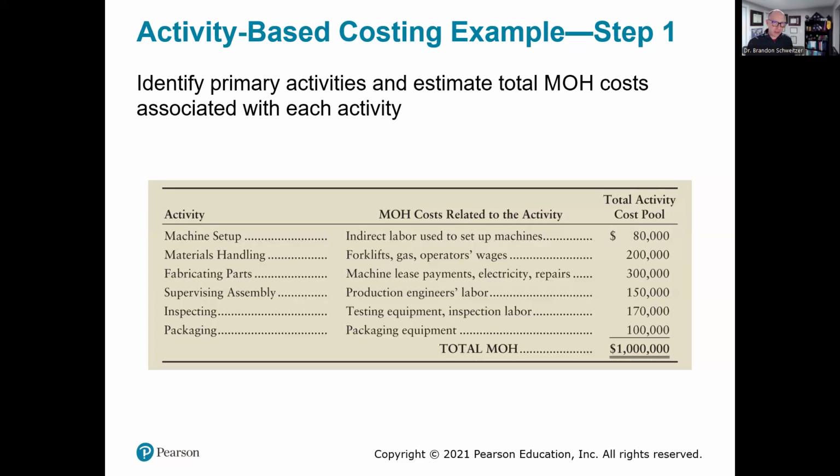Supervising the assembly staff, that's indirect labor, as you know, supervisor salary, 150,000. We have inspections, that's inspecting the overall equipment after it's manufactured, 170,000. And we have packaging, 100,000. And all together to get to our $1 million of manufacturing overhead estimated.